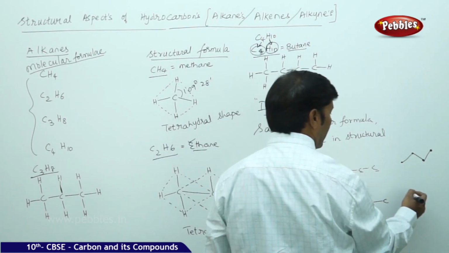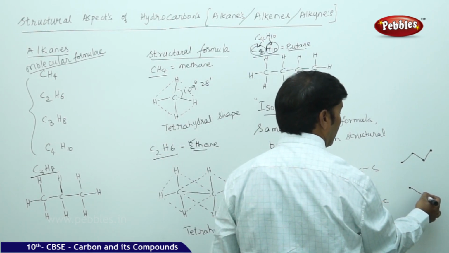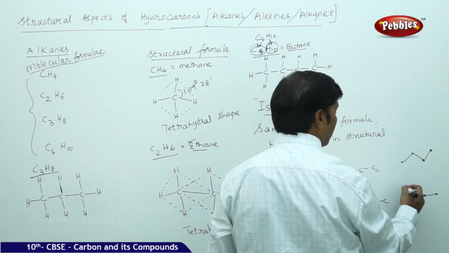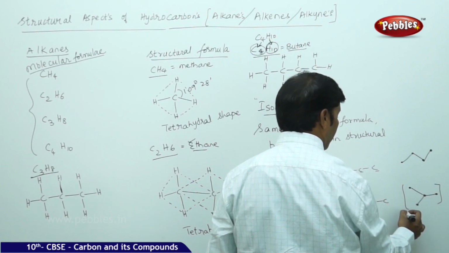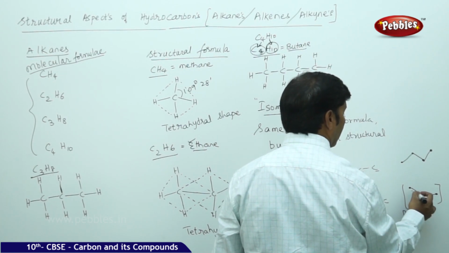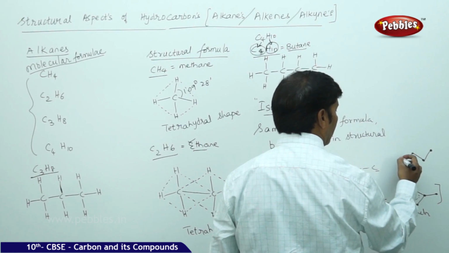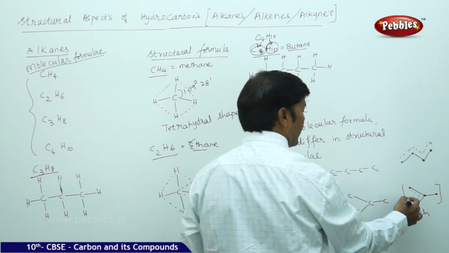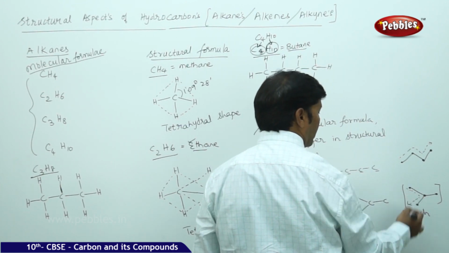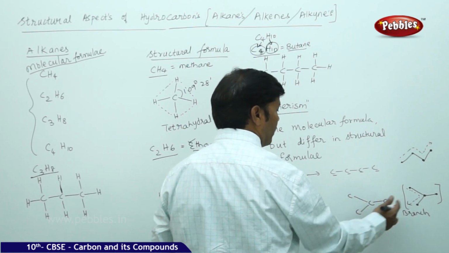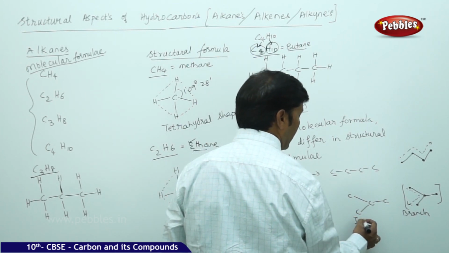If this is a branched chain, then you can show 1, 2, 3 and 4. Here the branch is very clear. This is the branch. Here it is a straight chain. This is a branched chain. You can see the branch curvature. Because it is a branch, wherever a branch is there, you can add the prefix iso.